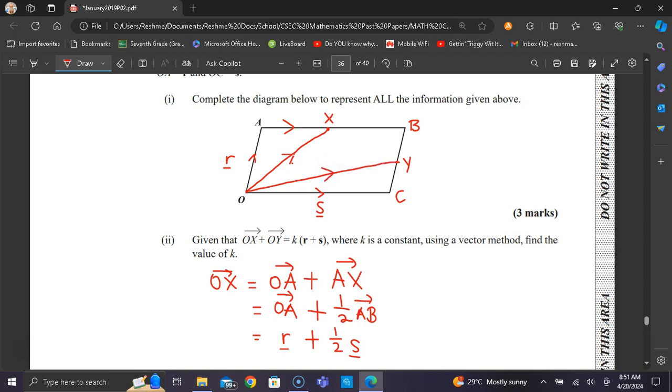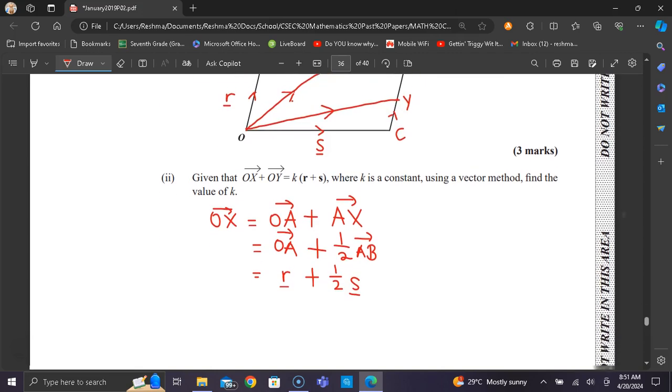Okay, so let's use this triangle OCY in order to find vector OY. Now, they also told us that Y is the midpoint of BC. So if OA and BC or CB are parallel, then if OA is R, then CB is also R, and CY would therefore be a half of CB.